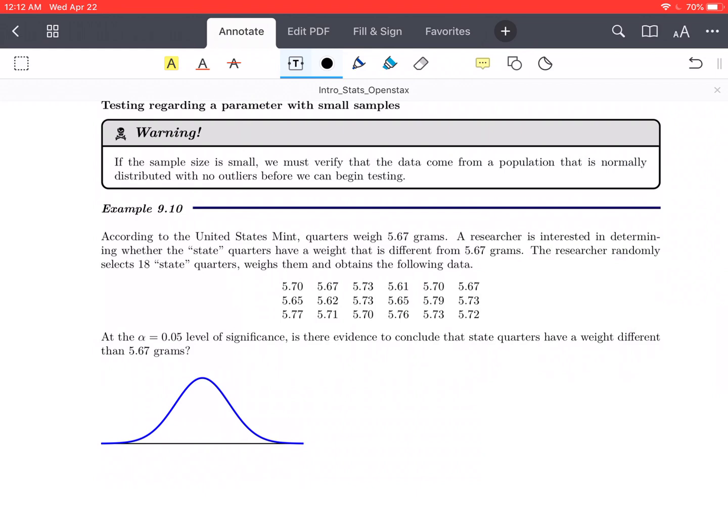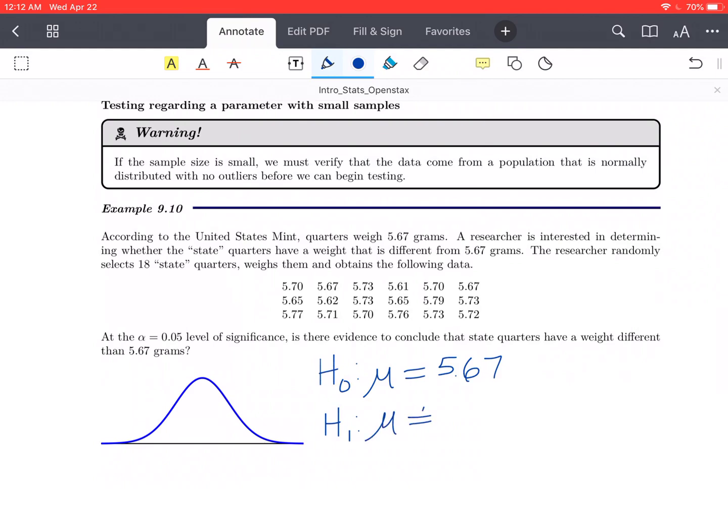Okay, so what we want to do is take our null hypothesis, and that is that the mean weight is the same, right? That it's 5.67 grams. And the alternative, we're saying that it's different than that, right? Not necessarily greater than or less than, just different.